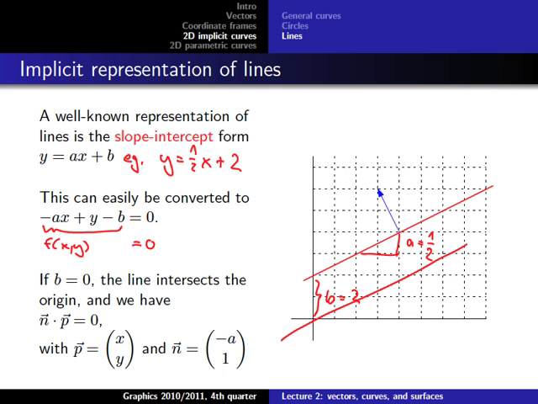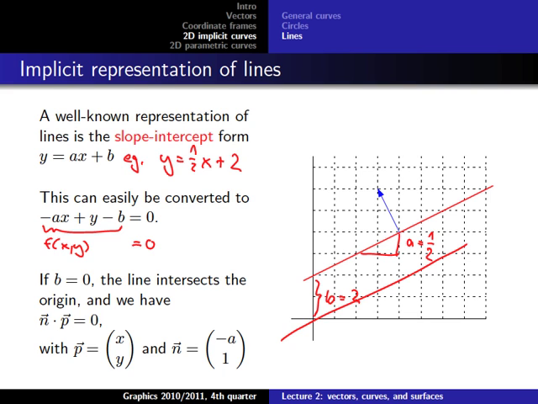If we take the vector p, x, y, so these are our two coordinates, that we verify if they are on the line with this implicit equation, and we have this parameter, the vector n, which encodes the slope, and 1 here. So if you do the vector multiplication here, you will see that n times p leads to this equation that you have here. Again, this is a good exercise to do.